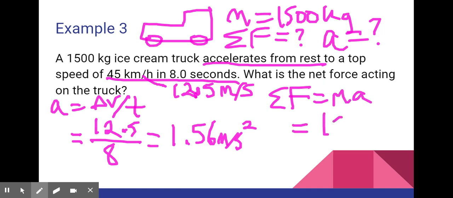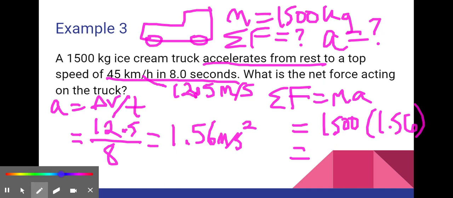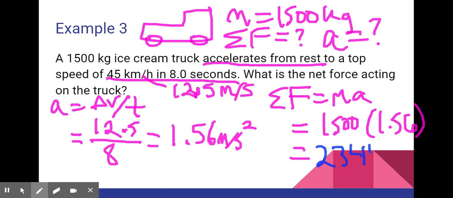So our mass is 1500, our acceleration is 1.56. So our final answer, and I'm going to change the color here because I don't think that's going to stand out very well, our final answer is 2344 newtons. Again, I'm not really paying attention to sig figs here, but if I was, we have two sig figs, so I would say 2300 newtons.